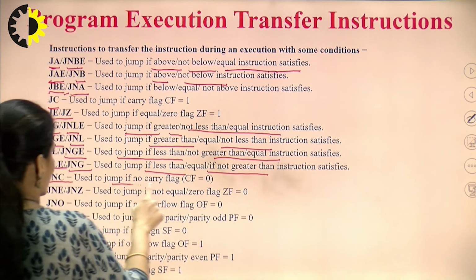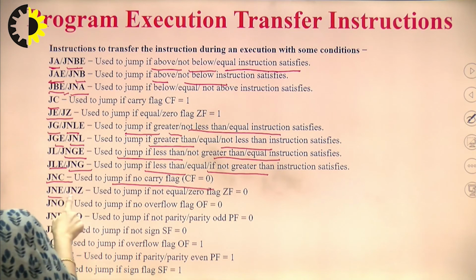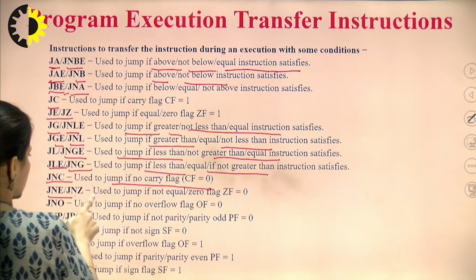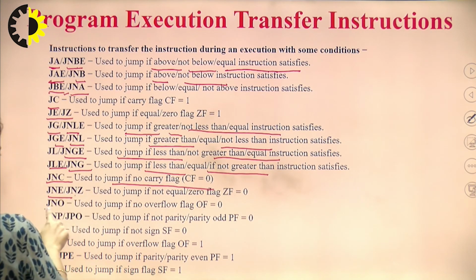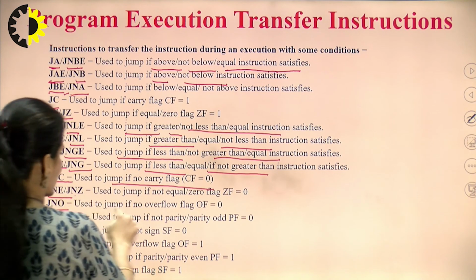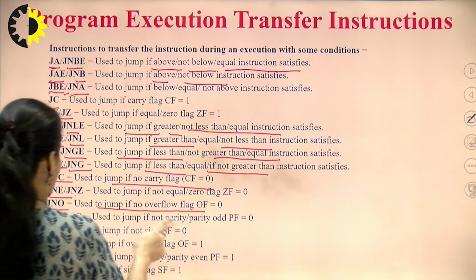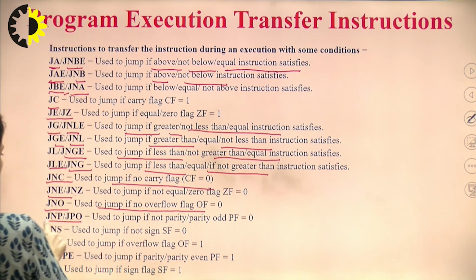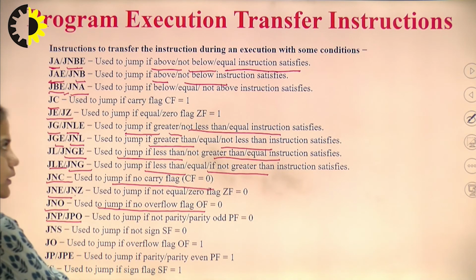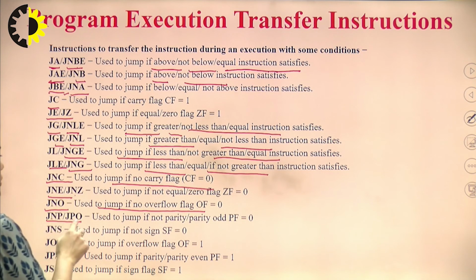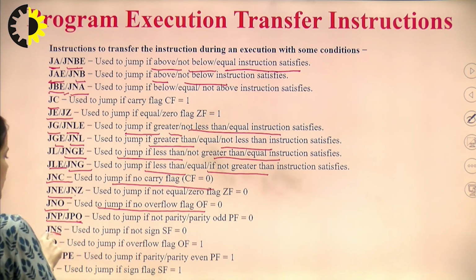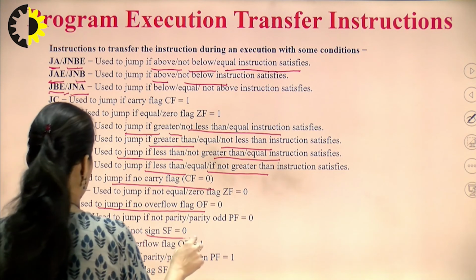JNC is used to jump if no carry flag is set. JNE is jump if not equal, or JNZ is jump if not zero. JNO is jump if overflow flag is not set. JNP is jump if the parity is odd, so the two instructions related to the parity conditions are JNP and JPO. JNS is used to jump if sign flag is not set.